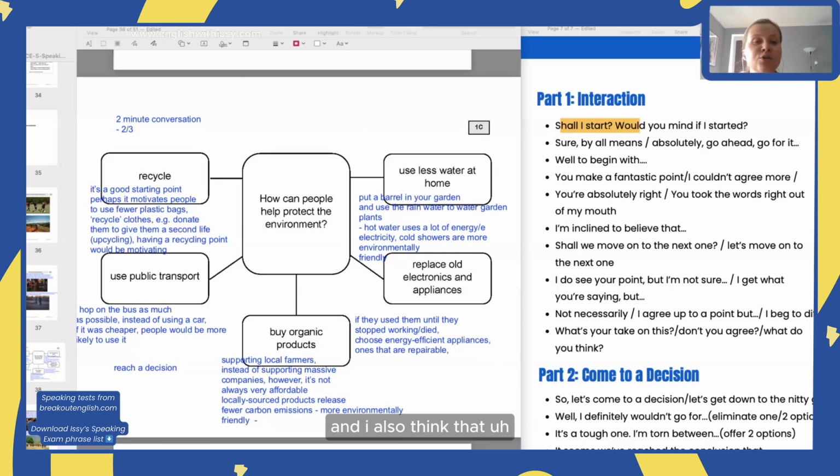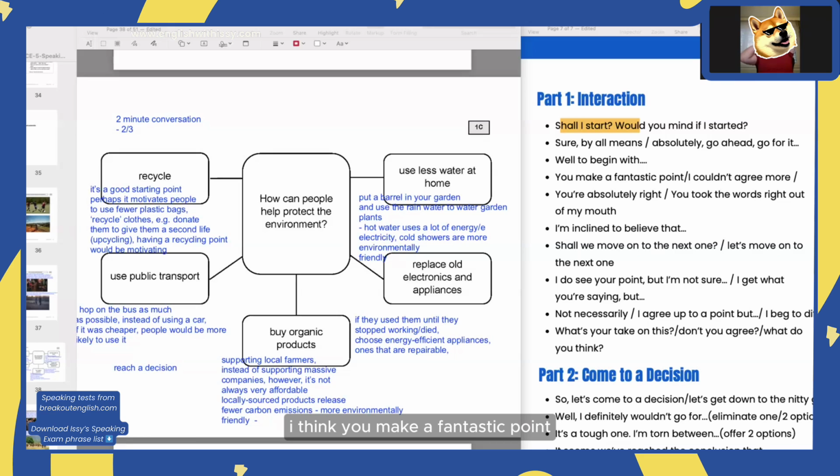And I also think that it's a good idea to use a dishwasher instead of washing your dishes by hand. What do you think, Collin, about that? I think you make a fantastic point. Although I don't think that using a dishwasher will save a lot of water, I think doing the dishes by hand will save more, but opinions can differ.